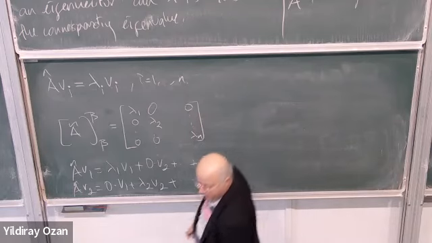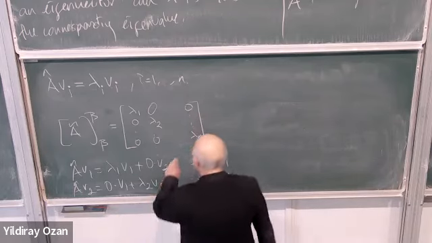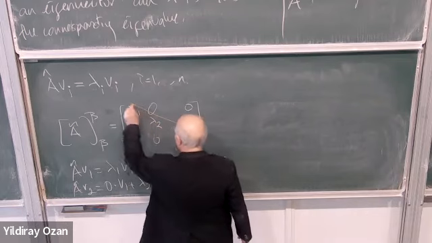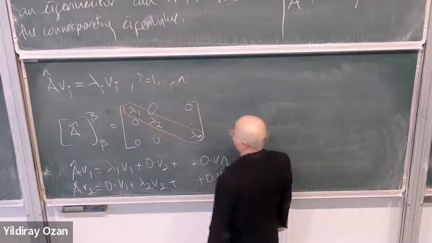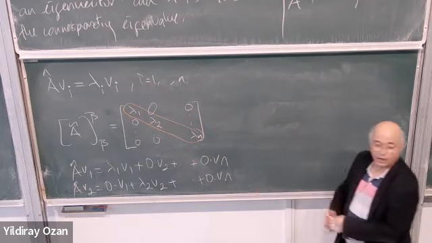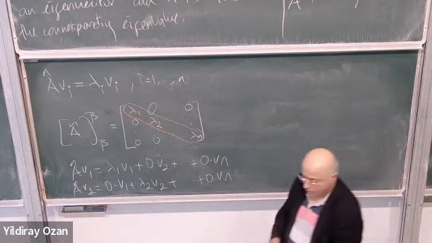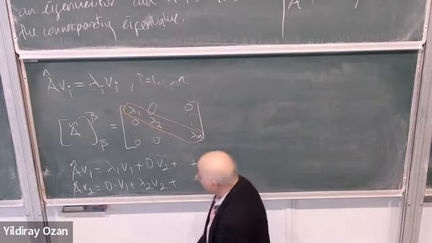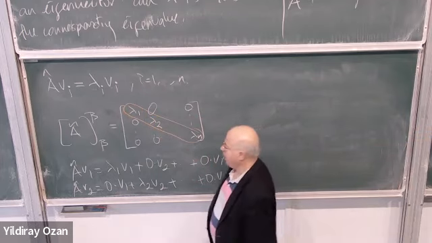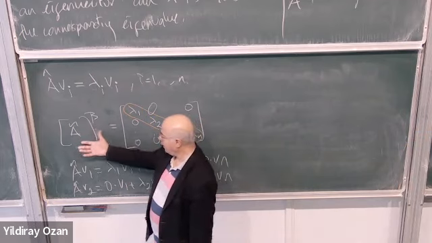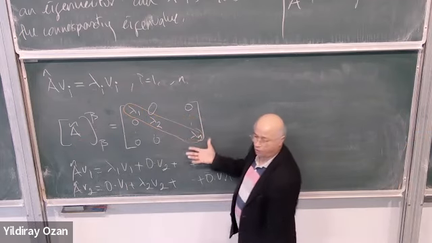Therefore, we have just diagonal entries consisting of the eigenvalues, and all other entries are 0. And of course, in this case, A hat has a very simple form.